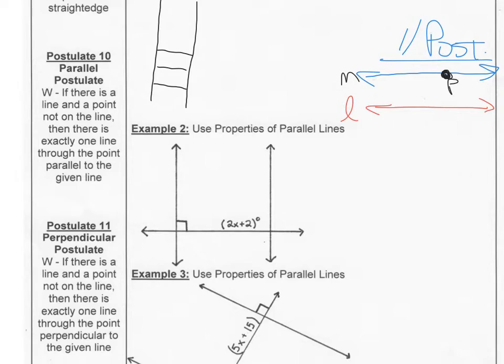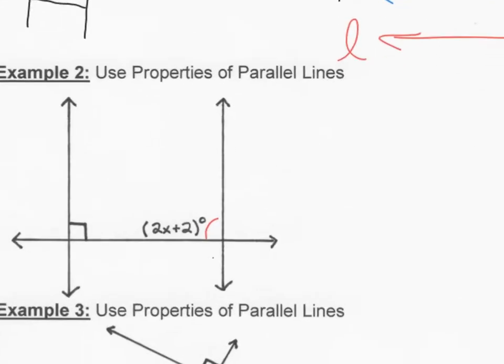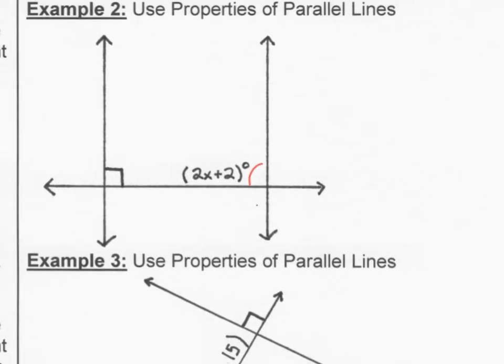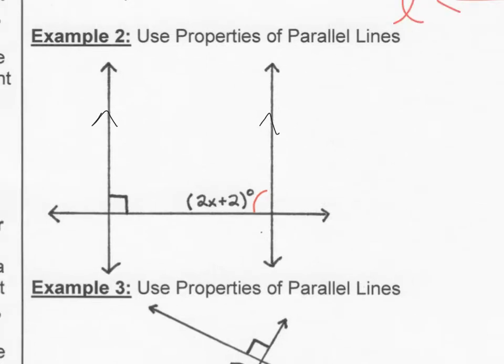Then it goes on to say, then there's exactly one line through that point, okay, parallel to the given line, which basically is saying this black point that I drew here is not on line L, and there's another line going through it, so therefore those lines are parallel.